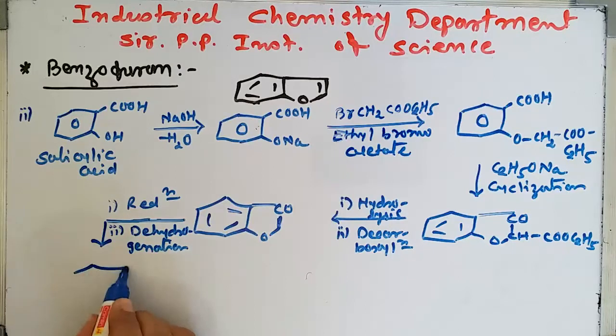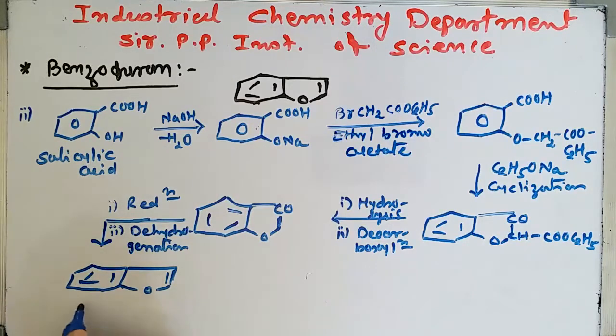So we get benzofuran. We have two synthetic routes: one from coumarin and second from salicylic acid.